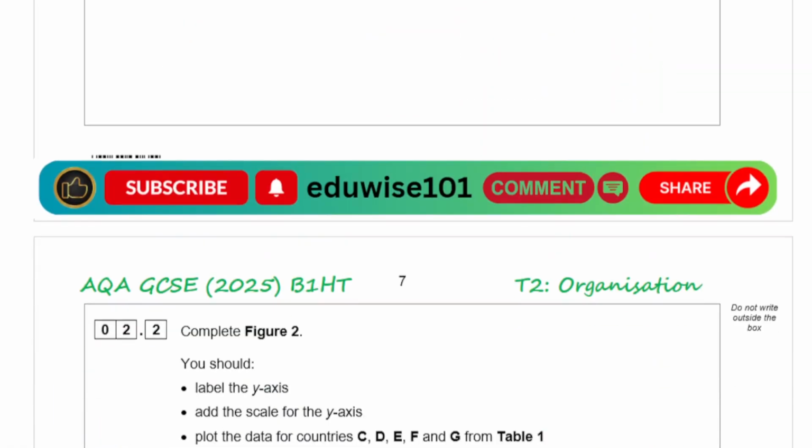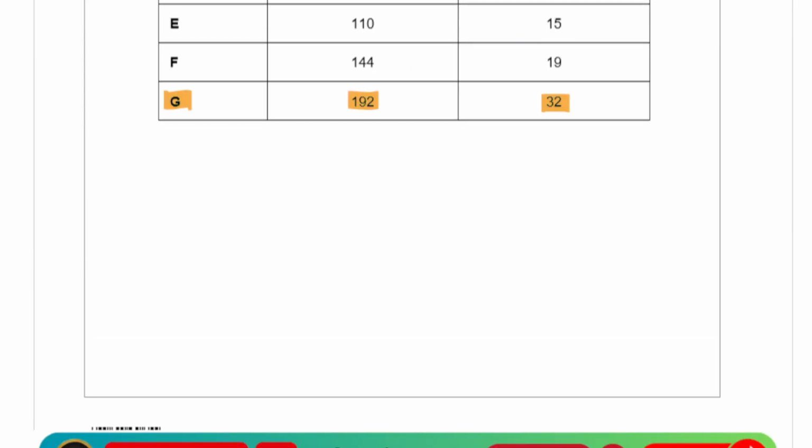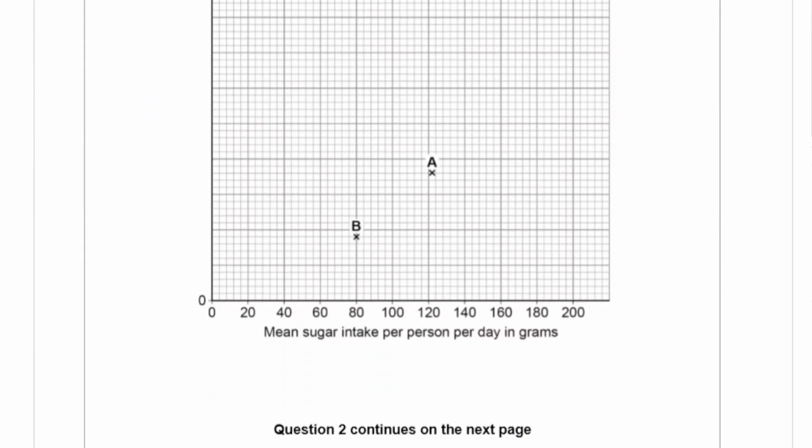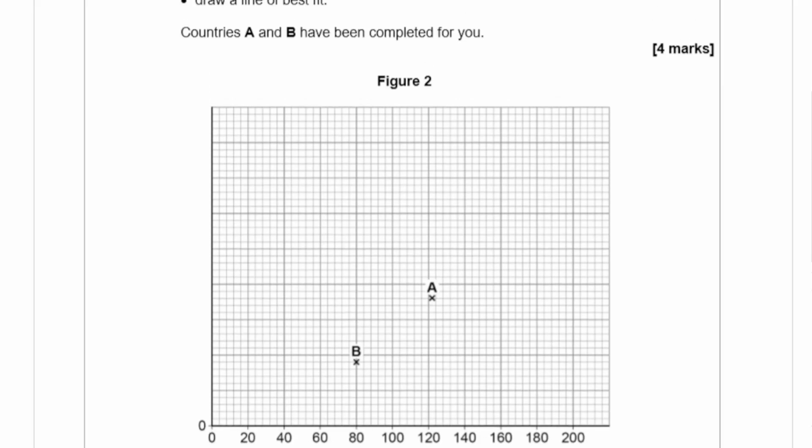Title for the y-axis, because you've got the mean sugar intake at the bottom. So let me write that. Mean obesity rate in arbitrary units.